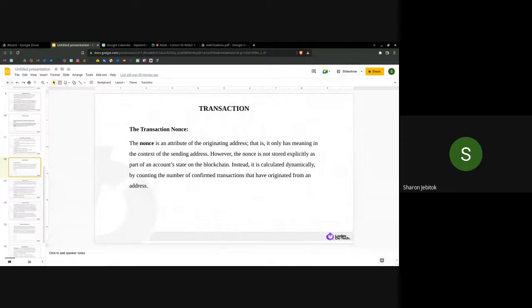So you can find at times they define a nonce as the number of transactions that have taken place in a given address. I think here they are saying that the nonce is not stored as part of the account state on the blockchain. Let's say I have my own account, the one that is externally owned. Of course, it has a number of transactions that I've undertaken on that given address.